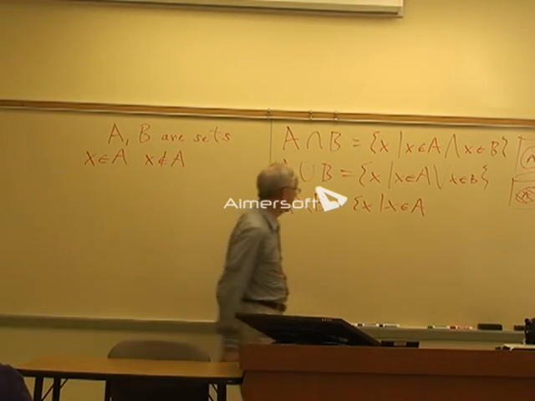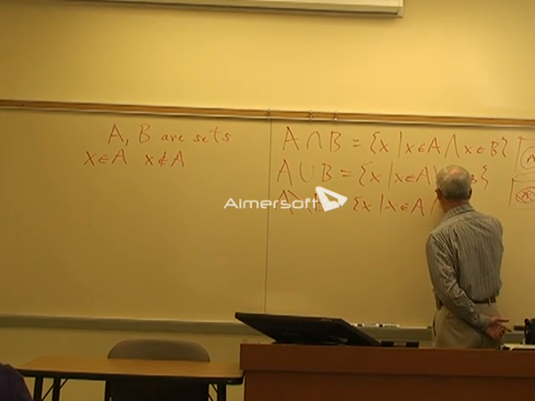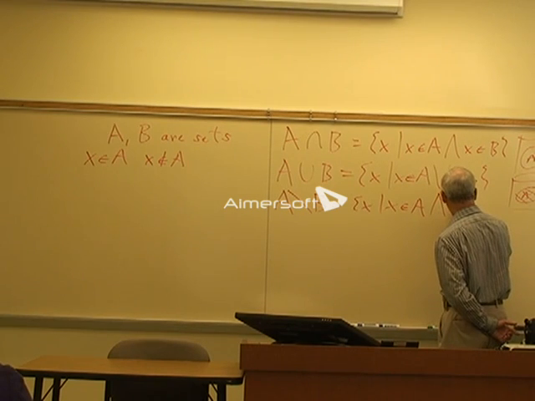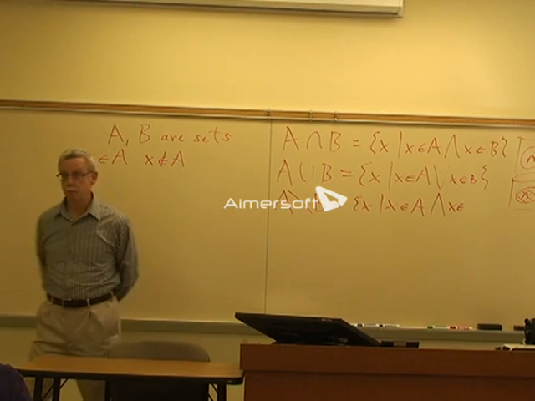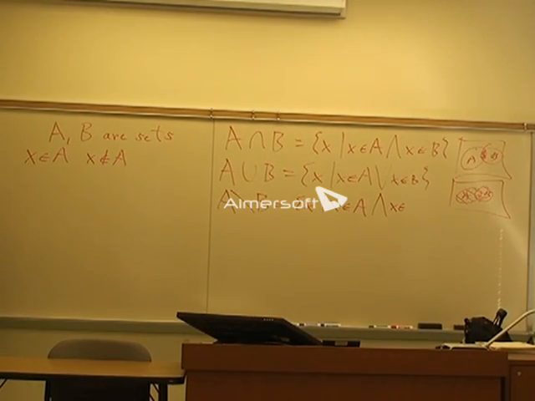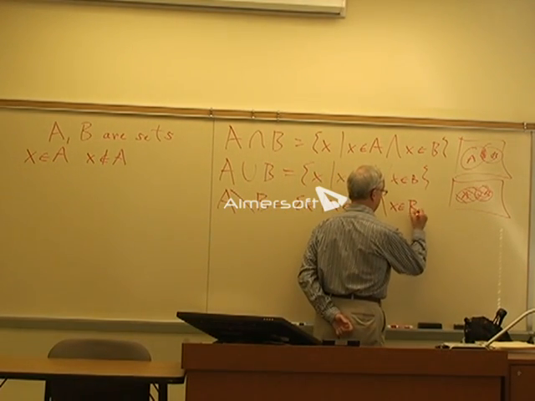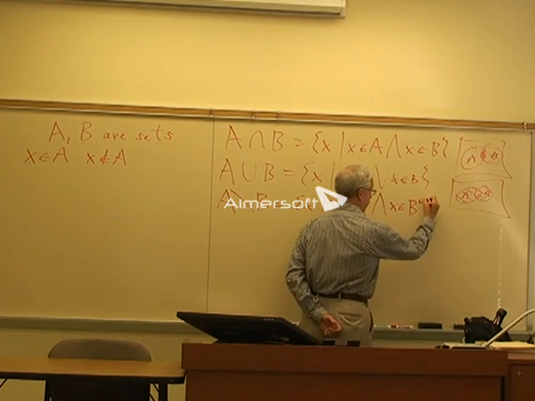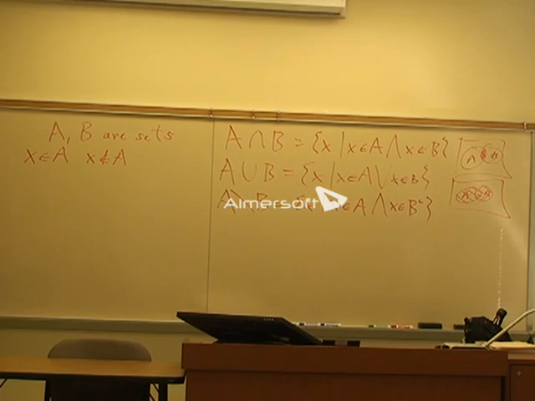It's not in B. So we could do it this way, or we could say that X must also be an element of what, if it's not in B? Must be in the complement of B, right? B bar or B complement. That's the same thing as saying it's not in B. Okay, so that's all review.